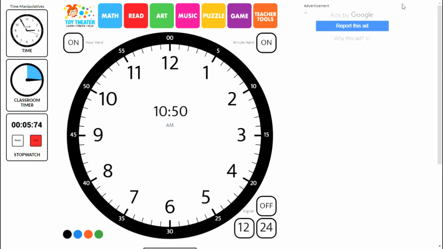Anyway, AM itself means ante meridiem, which means before noon, and then PM stands for post meridiem, which means afternoon. So noon itself is exactly 12 o'clock. It is when the sun crosses the meridian, or exactly right above our head. That is noon.